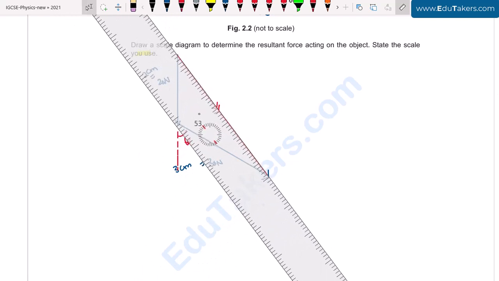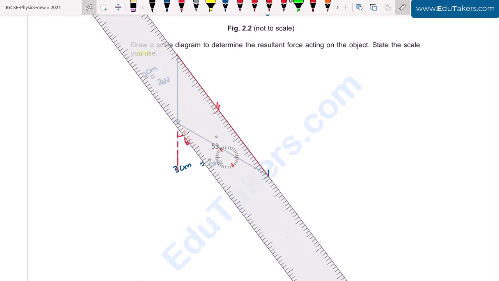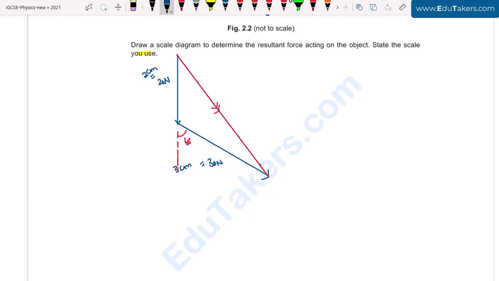By using the scale, the value of this resultant will be: it is 1 centimeter, it is 2 centimeter, 3, 4, and it is almost 4.4. So the resultant magnitude is equal to 4.4 centimeter.